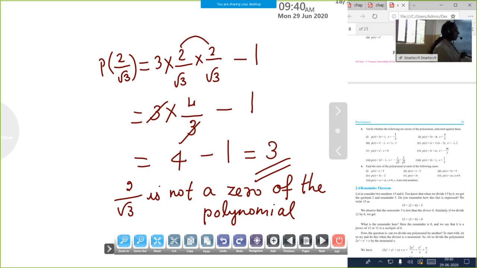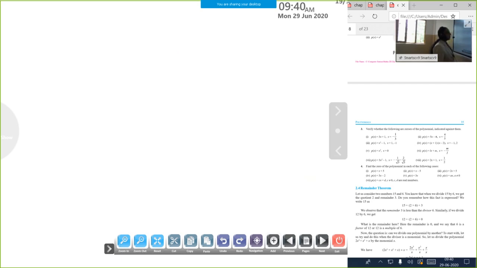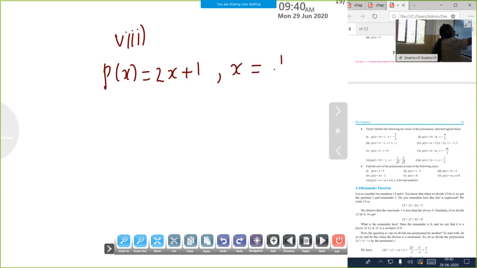The last question in that exercise, the 8th one. P of x equal 2x plus 1. The value of x given there is 1 by 2.